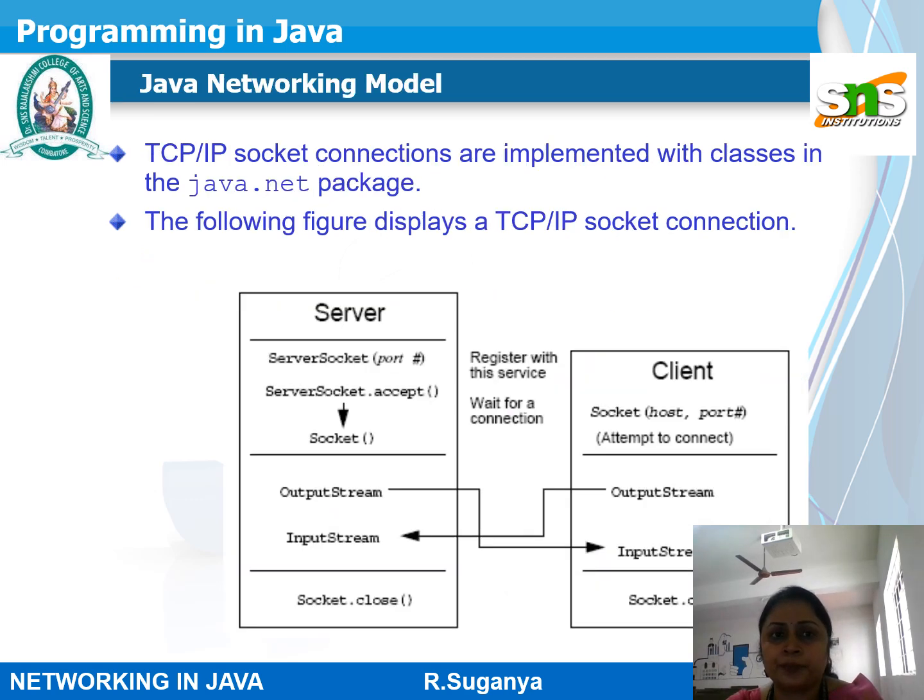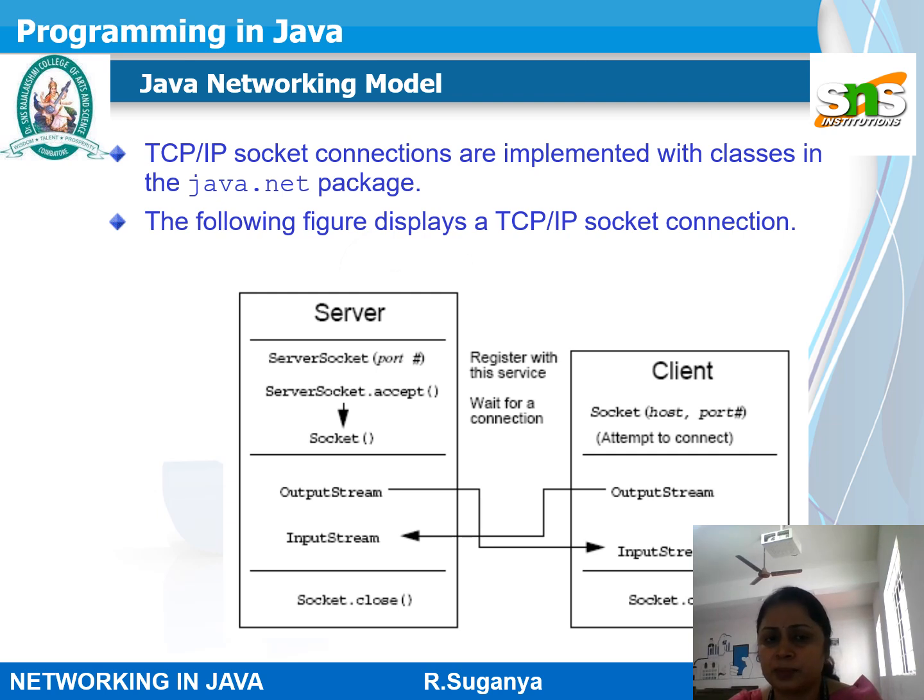Now the Java networking model. Here we can see the server and the client. The server uses a server socket, and the client will use a client socket. For addressing, it will have the address of the particular client machine and the server machine, and also the port numbers. The client makes requests to the particular server through a socket, and the server also responds to the particular client through a socket. The server is waiting for a connection, and it receives particular connections from the client.